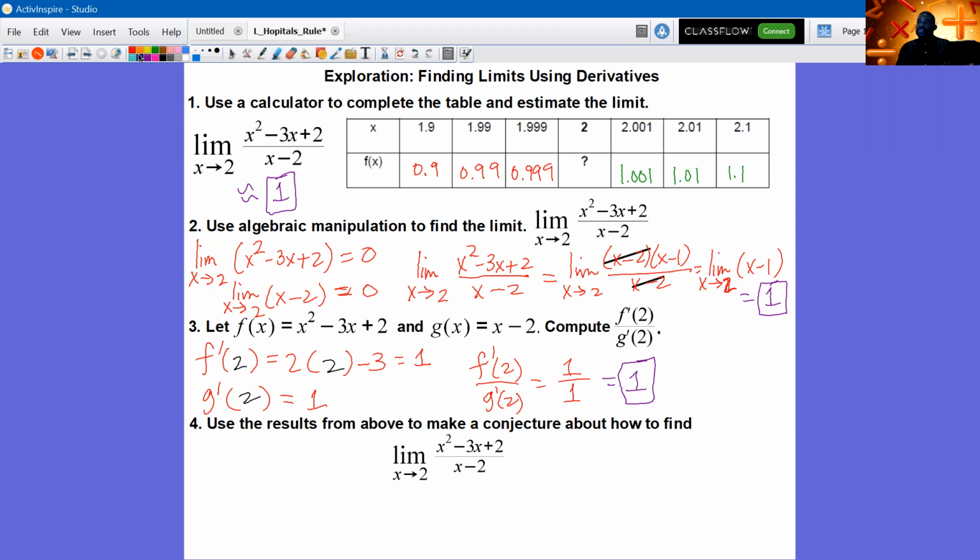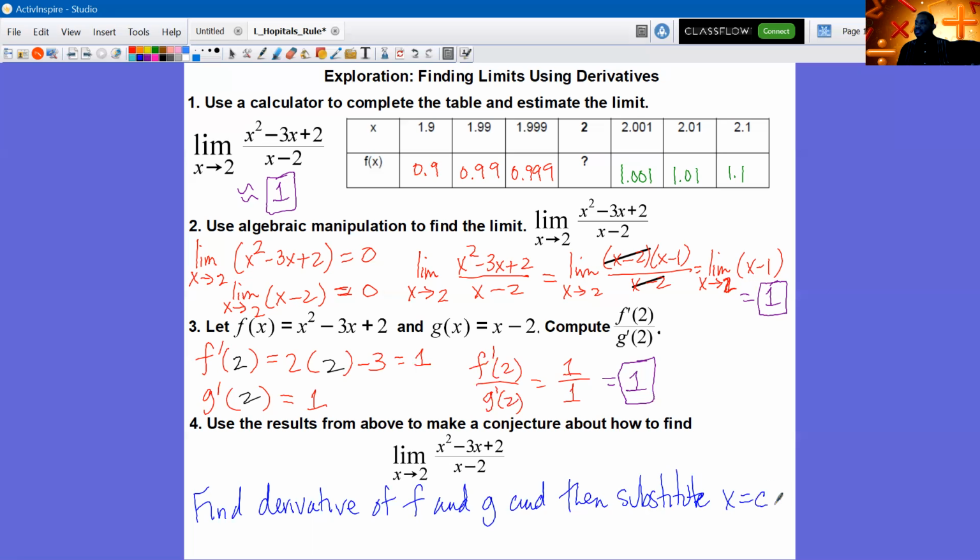So my conjecture would be the following: find derivatives of f and g, and then substitute x equals c.